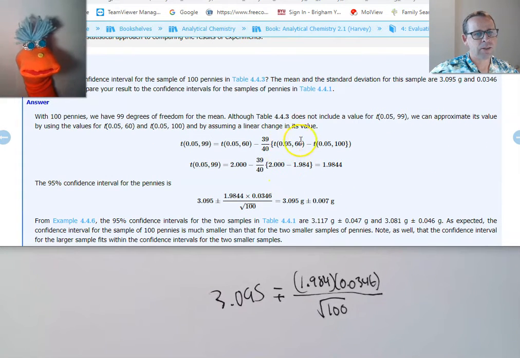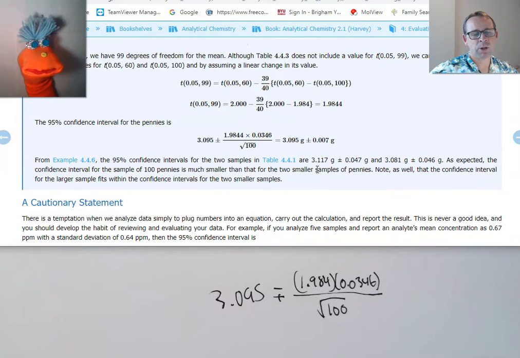With 100 pennies, we can approximate its value by using t 0.05 at 60 and at 100 and assuming a linear change in its value. Okay, so they approximated between 60 and 100. That's fine. But we're going to go through Excel and see how we can always have access to that t-table.